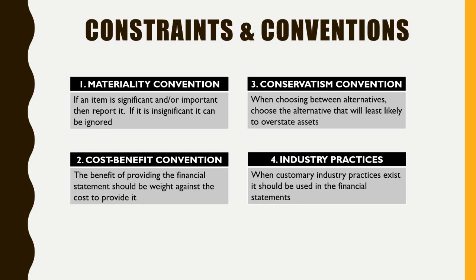Meaning, I want to make sure that I keep my assets as low as possible and keep my costs as low as possible as well, but the purpose here is that I don't overstate my assets. So I would choose the option that allows me to lower my assets or lower the price for my assets.